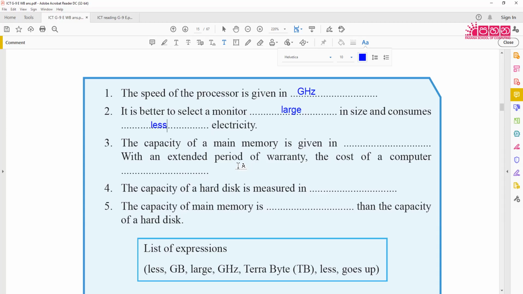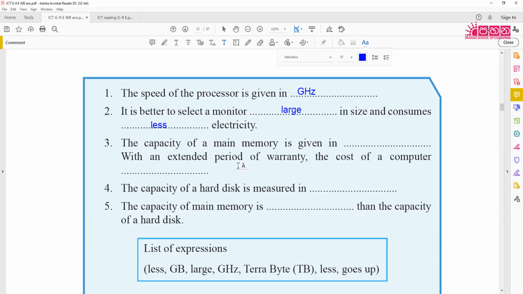The third one, the capacity of a main memory is given in capacity of main memory, right? So for capacities, there are two units, gigabytes and terabytes.